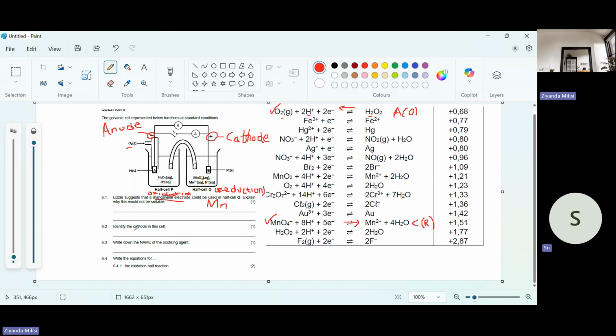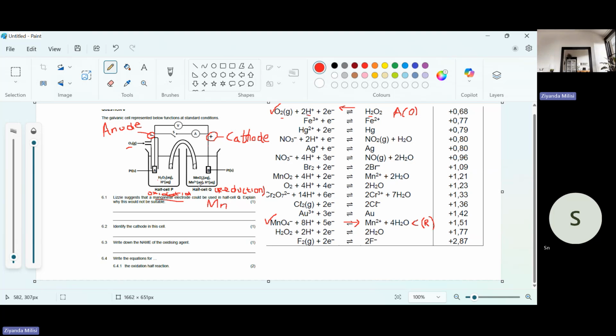The cathode in this cell is electrode B. You can say electrode B, or the positive electrode. Have you captured that answer? No, don't say half cell Q. Half cell Q has got everything.